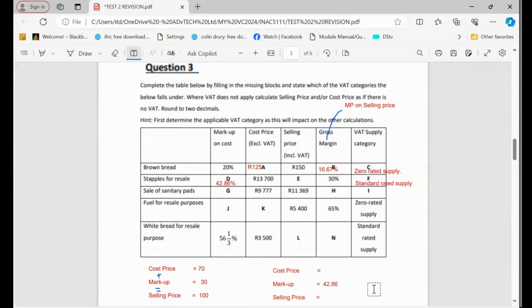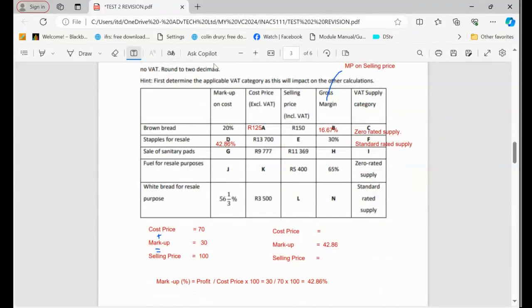I'm analyzing this markup because for me to find these two columns, I must use this markup. This is 42.86, and markup is on cost, meaning I must put 100 in line with the cost. So when I use the formula, the answer here is going to be 142.86. I think you understand why you have to do that.